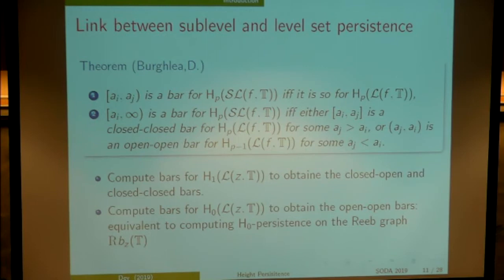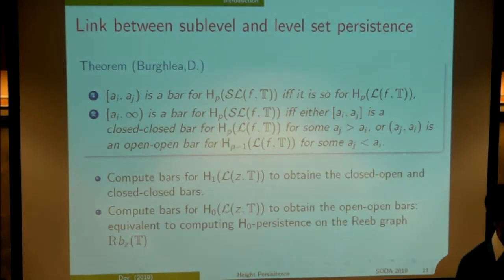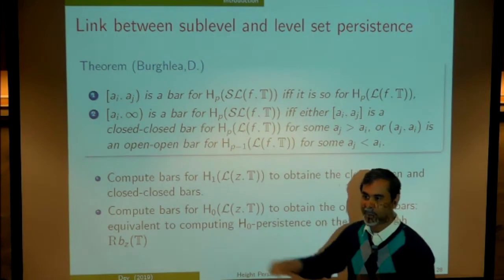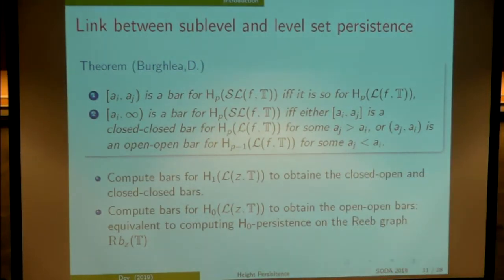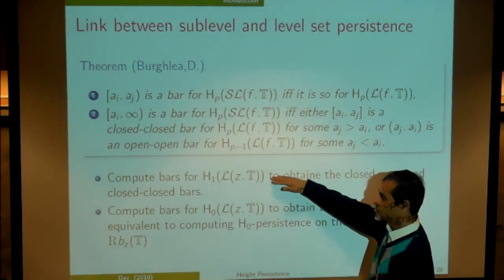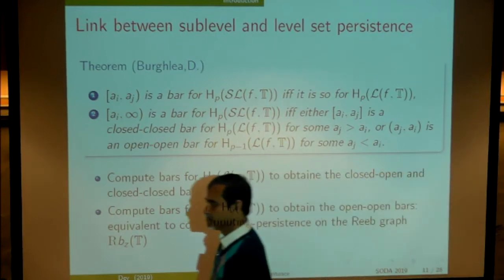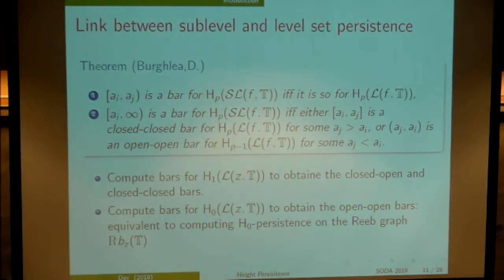But for the open bars, you go 1 dimension lower and compute from the Reeb graph, because now we have to do only H0, and H0 is related to the Reeb graph, the components. So the open bars are coming from the Reeb graph. The closed-open and open-closed bars come from the other one. You don't see it in the standard persistence.